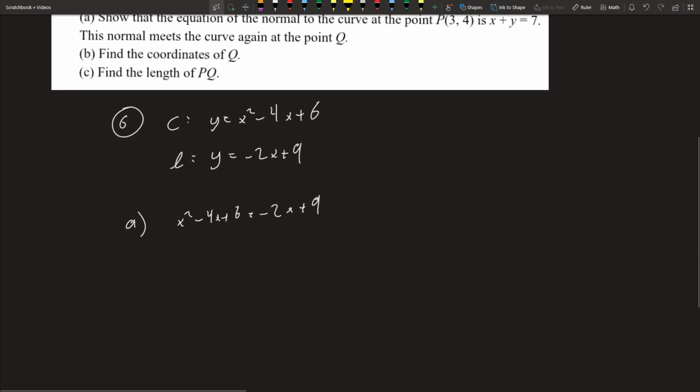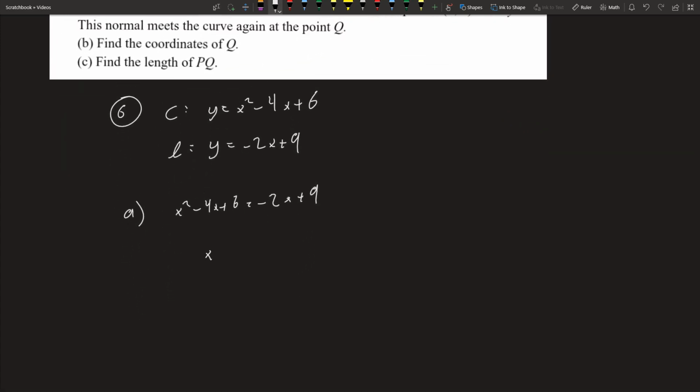Anyways, equating this will give us x squared minus 2x minus 3 is equal to 0. Factor, so x minus 3 into x plus 1 is equal to 0. That means x is either equal to 3 or x is equal to negative 1.